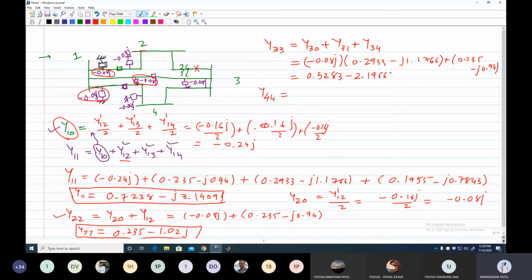Very good. This is your third diagonal element Y33 for this network.